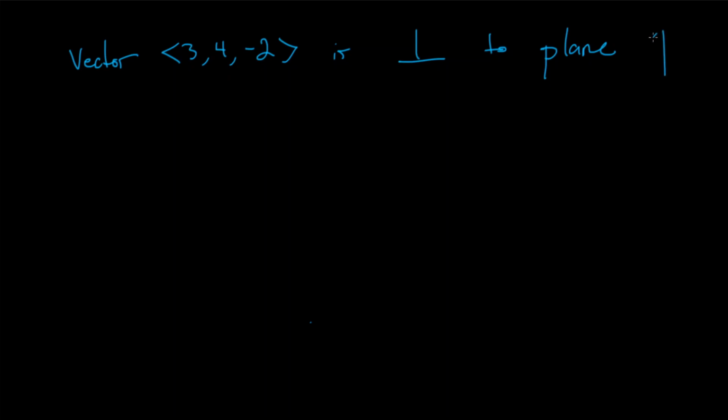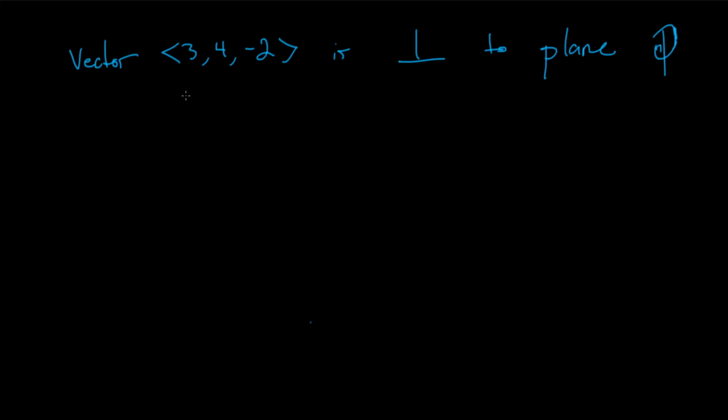So we have the vector 3, 4, negative 2, and it is perpendicular to the plane. Let's go and call this plane, I don't know, capital P. You'll also notice that when people describe planes, they often use cursive capital letters.